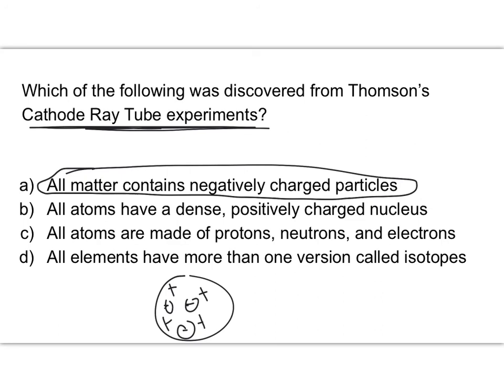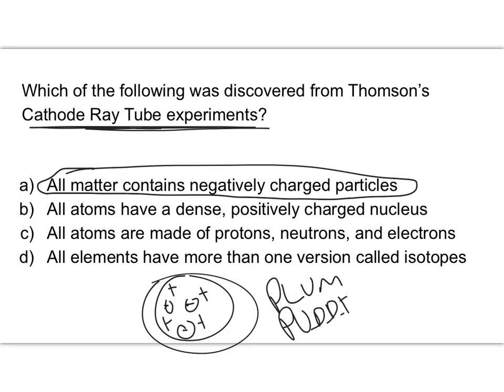Because he found that there were these particles smaller than atoms, they were in everything, so they must make up atoms. And he knew that they were negative from his experiments, so he knew there also had to be something positive to cancel that out, since matter was neutral. So he came up with the plum pudding model. And then Rutherford further developed the idea when he discovered with his gold foil experiment that all atoms actually had a positively charged nucleus surrounded by empty space and negatively charged electrons.